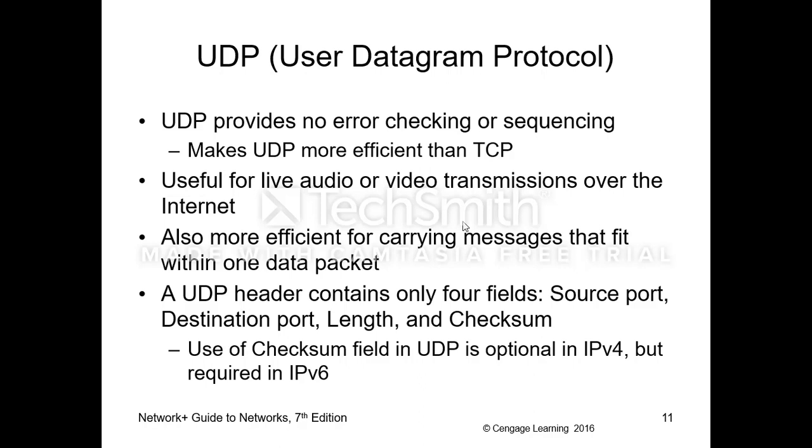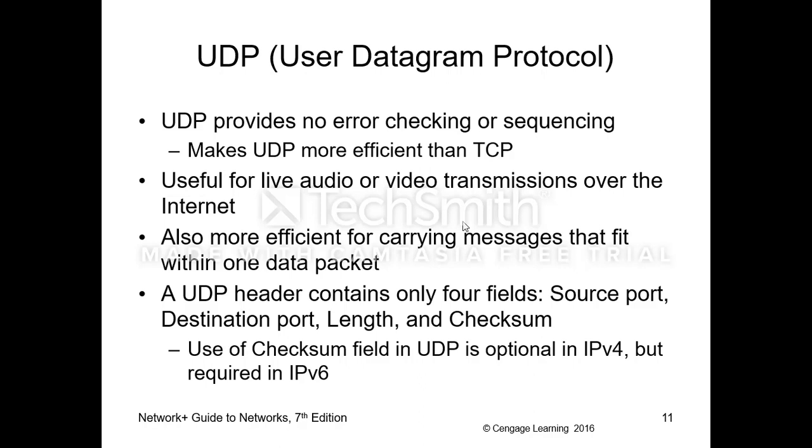That's what UDP is. But the benefit of UDP is that it is faster and much more efficient. So think about when you're streaming video online. You know, being the YouTube generation, you watch a lot of YouTube videos.